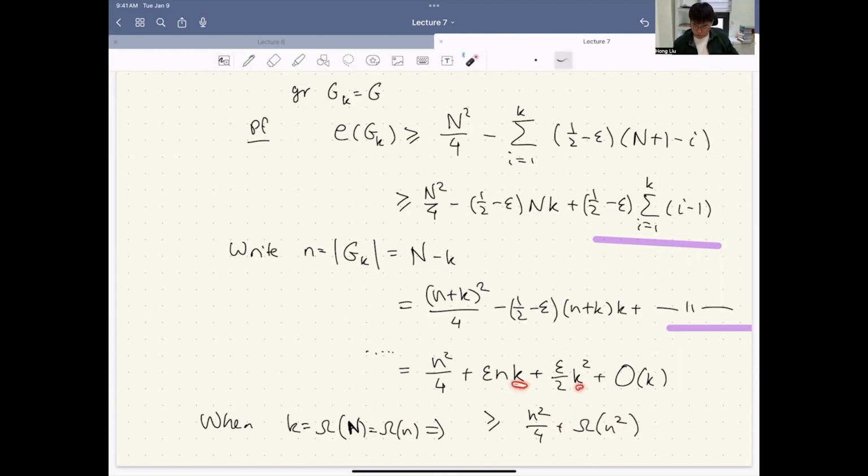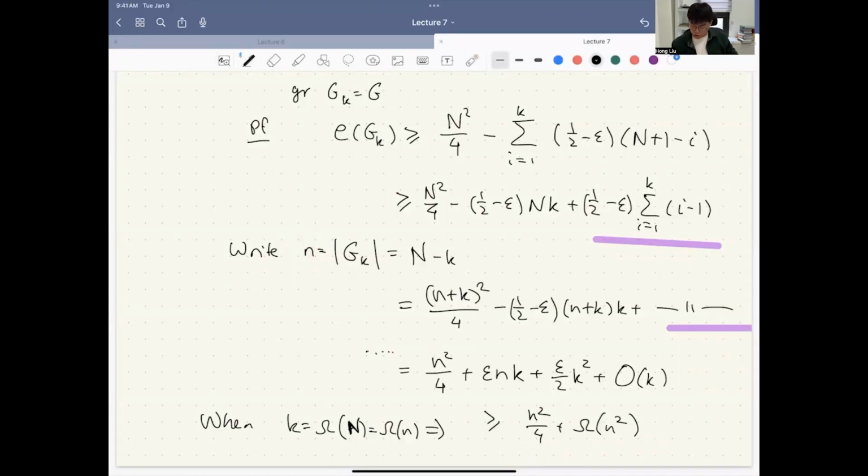But by the Erdős–Stone–Simonovits theorem, we know that a C_{2k+1}-free graph on n vertices cannot have more than this many edges.